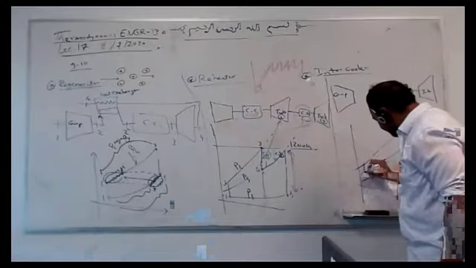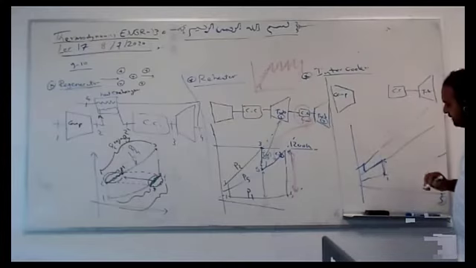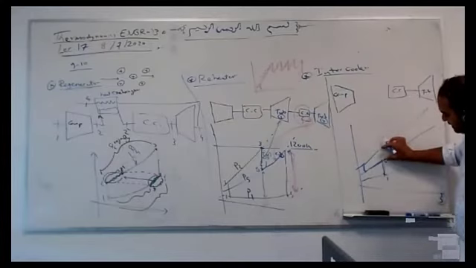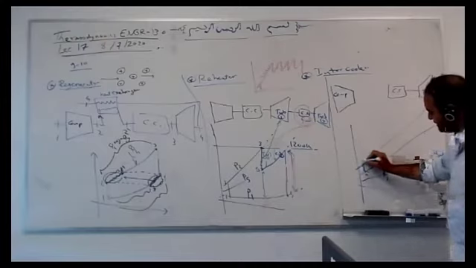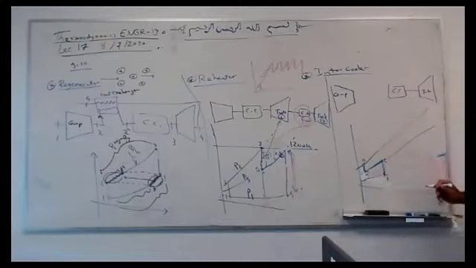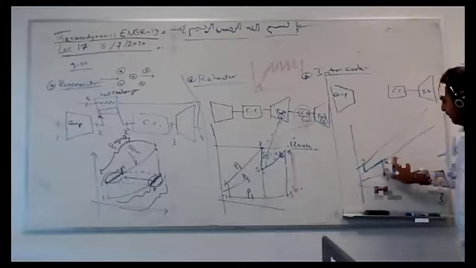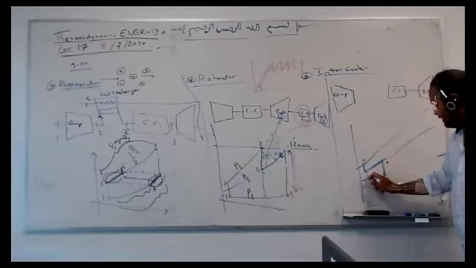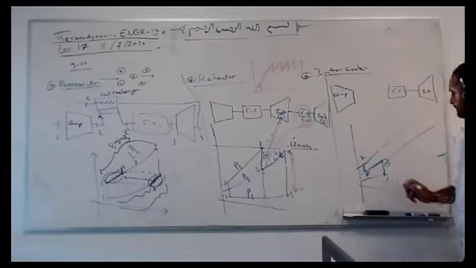Then I compress again. Which one is bigger, this or this? Let's take numbers: 4, this is 5, or 5, 6. This is, for example, 2.